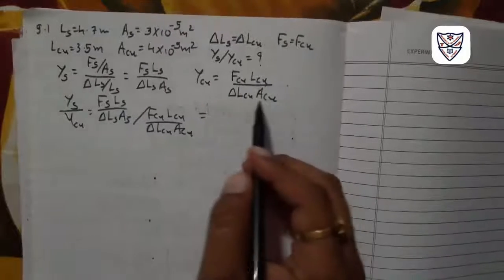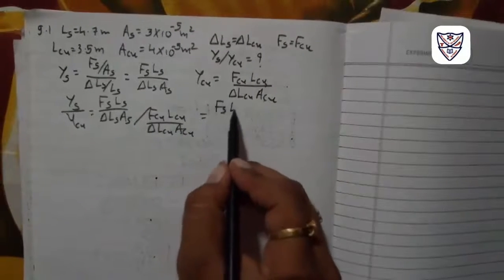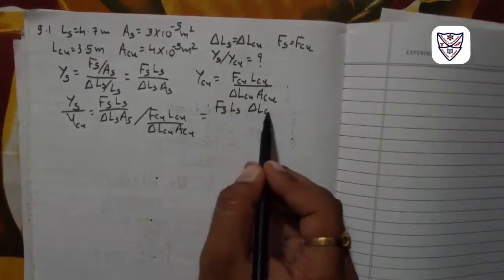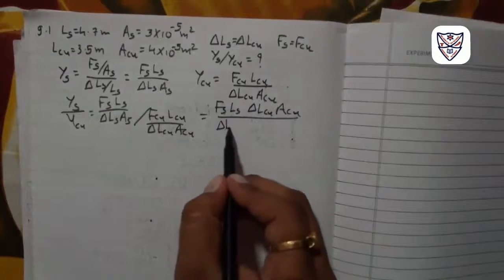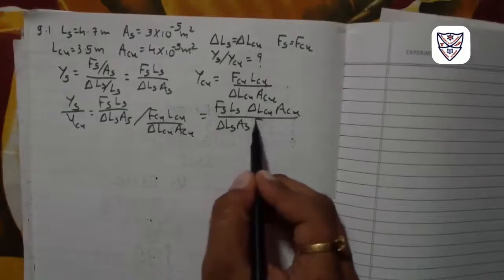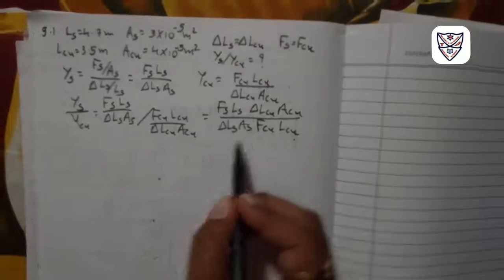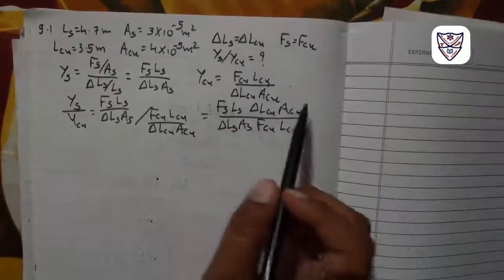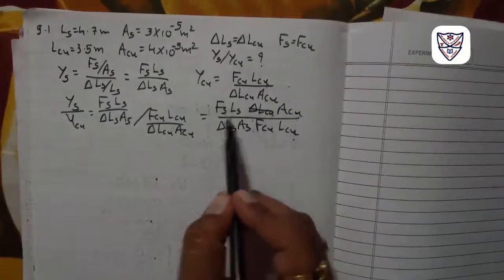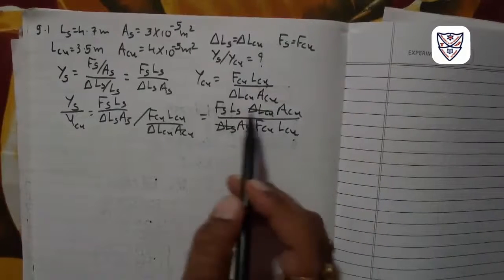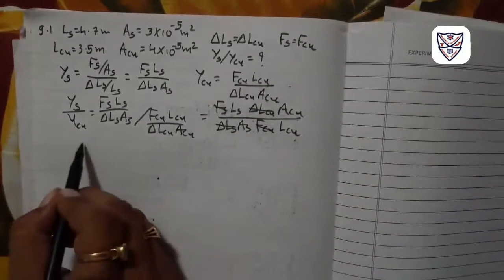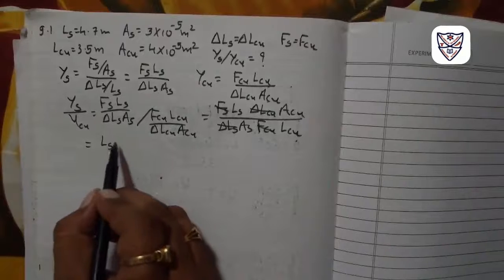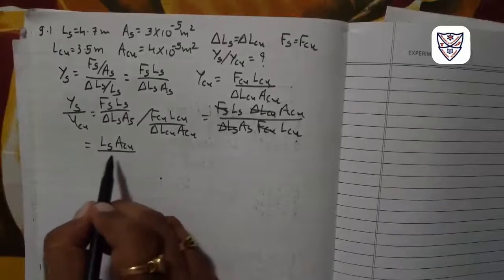So the simplification of this is Fs Ls delta LCU ACU upon delta Ls As FCU LCU. See here, delta Ls and delta LCU are the same, so they get cancelled out. Fs and FCU are also cancelled out, so now we are left with Ls A copper upon A steel L copper.